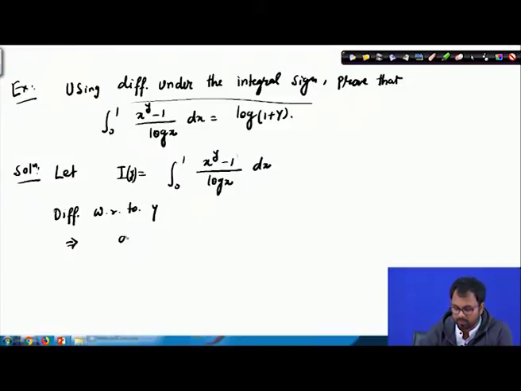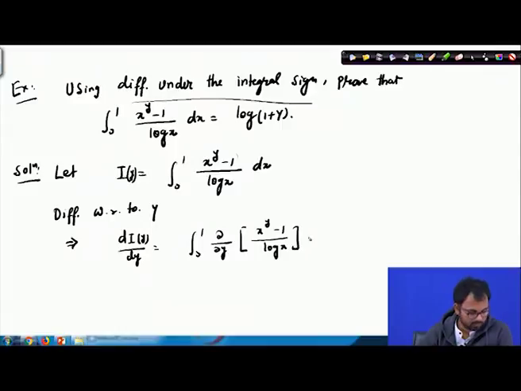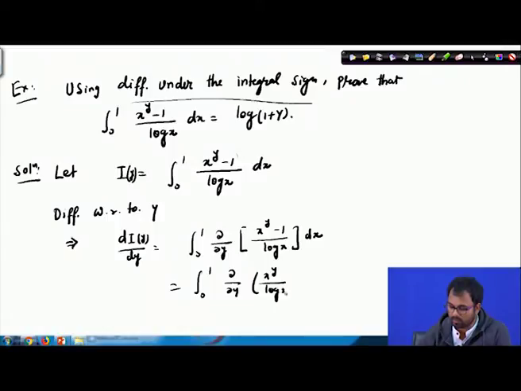We would obtain dI(y)/dy equals the integral from 0 to 1, where the differentiation comes inside. This becomes the integral of del/del y of (x to the power y by log x) minus del/del y of (1 by log x).